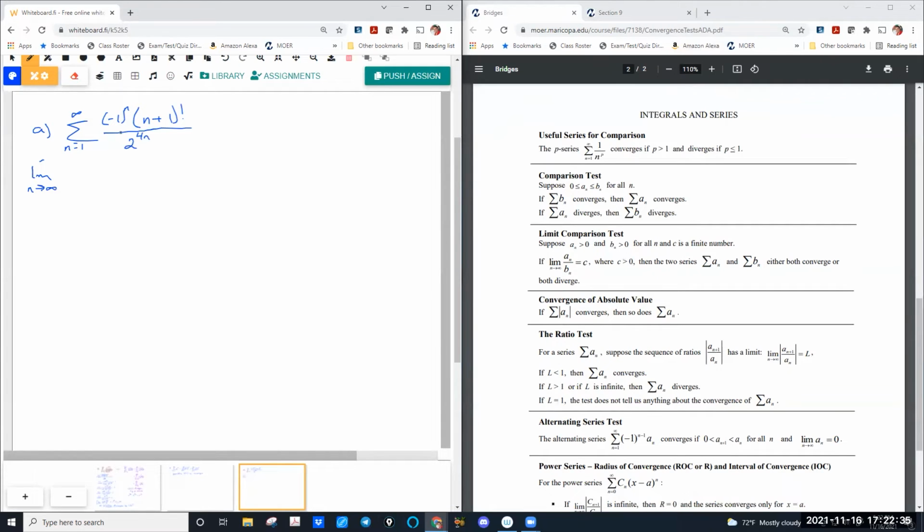The -1 to the n and the absolute value kind of cancel each other out. We need the absolute value to make that positive. Because the absolute value makes this part positive, we don't need to write it. So when we're just proving series are convergent or divergent, I don't often write the absolute value signs because we don't really need them.